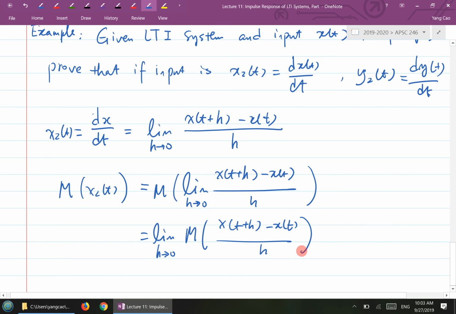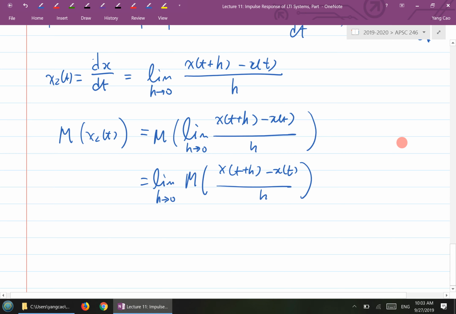Now you can apply the linearity property and time invariance property for this one here, so that this coefficient is 1 over h, and this coefficient is negative 1 over h. That's like C1, C2, the superposition. So the h can be taken out.